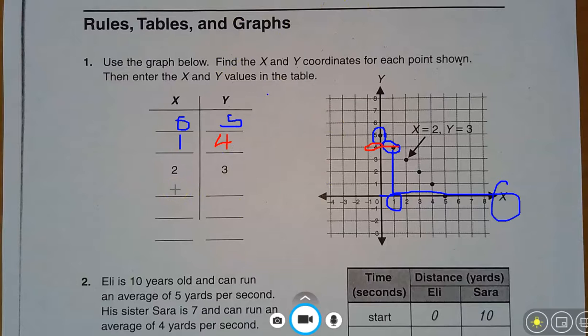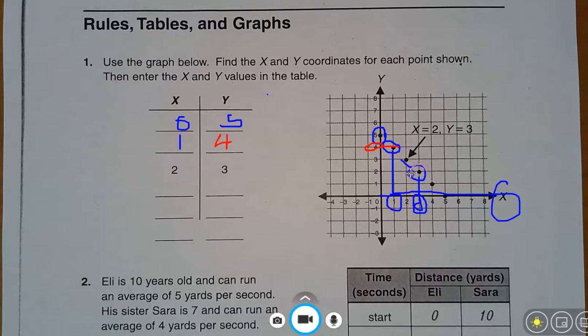You should be able to figure out how far, oopsies, come on, give me blue. You should be able to figure out how far over, well, they already did that one, so how far over this coordinate is. And then you should be able to figure out how high it goes on the y-axis.